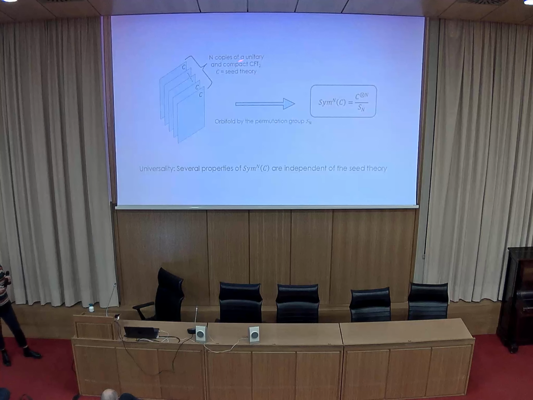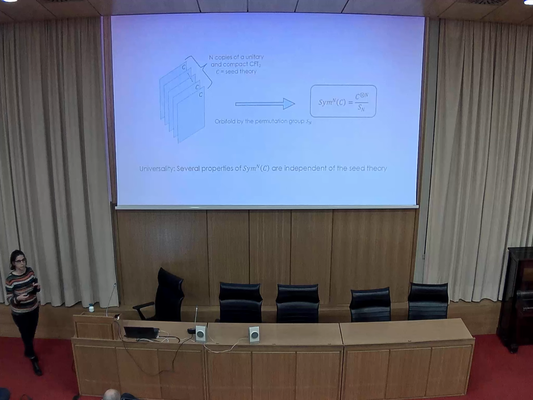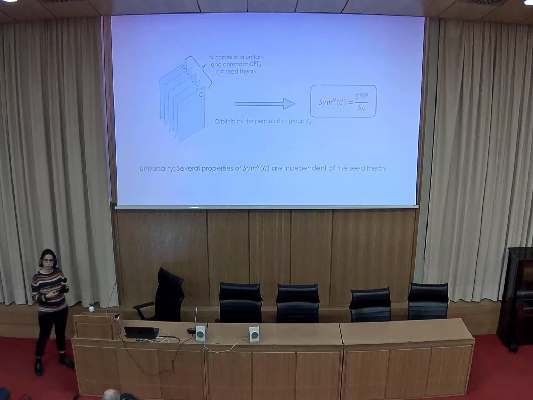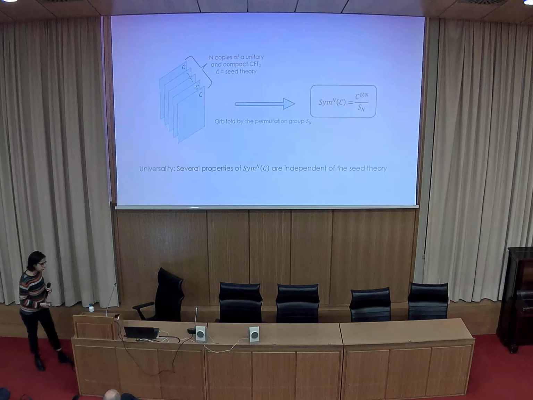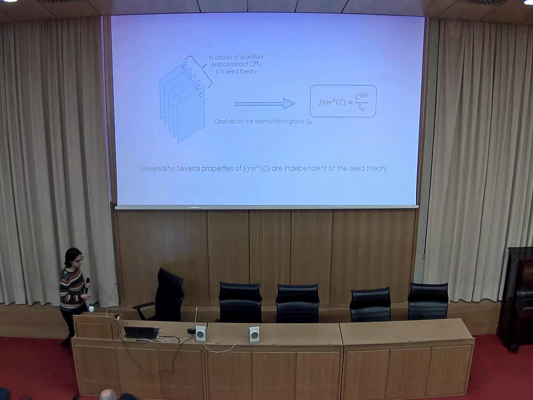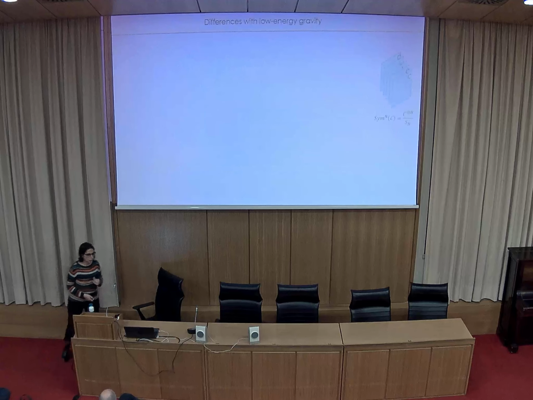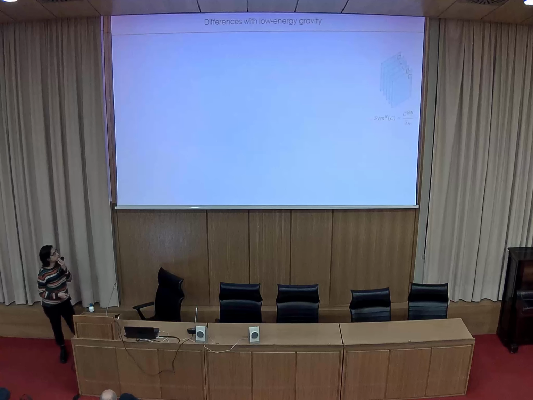These are properties that hold no matter what you put here as a seed theory, so what are you tensoring? Every single symmetric product orbifold will satisfy these properties. And that's what's going to teach me about how they look like gravity and why they don't look like low energy gravity. So they're very universal properties. Okay, so what are the differences with low energy gravity?